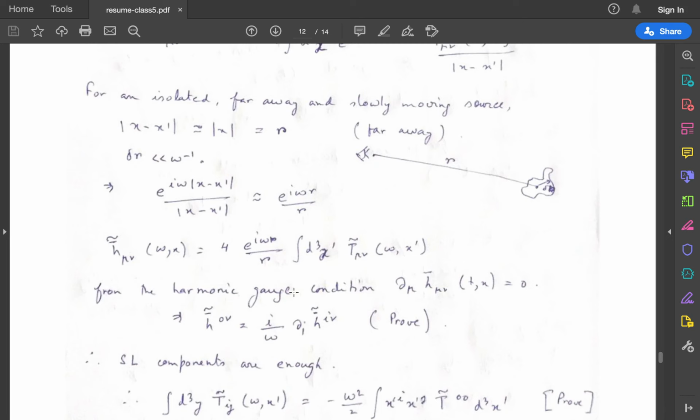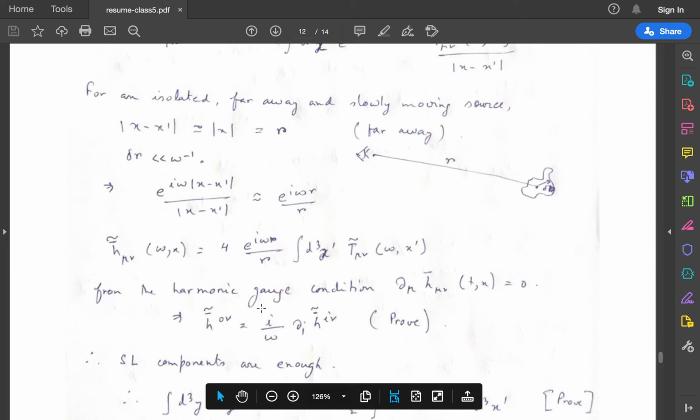And the harmonic gauge condition takes this form, del mu of h mu nu bar of t, x. If I put this tilde over here, it simplifies to h mu nu of 0 nu, which is 1 over omega del i h i nu. You can easily prove that.